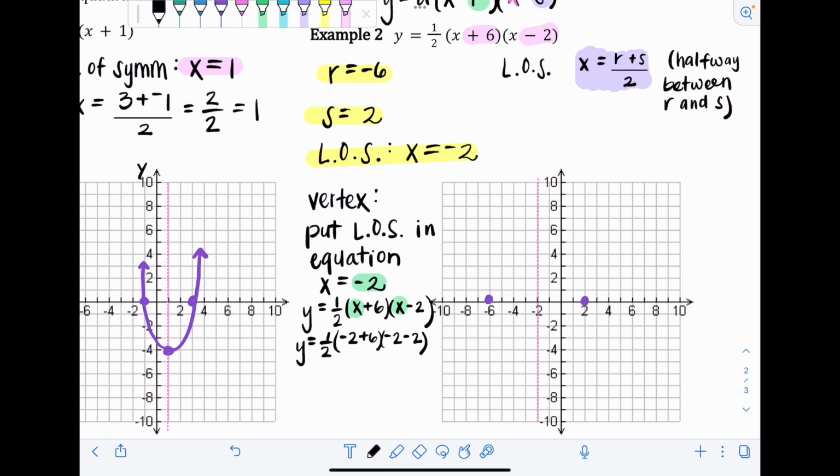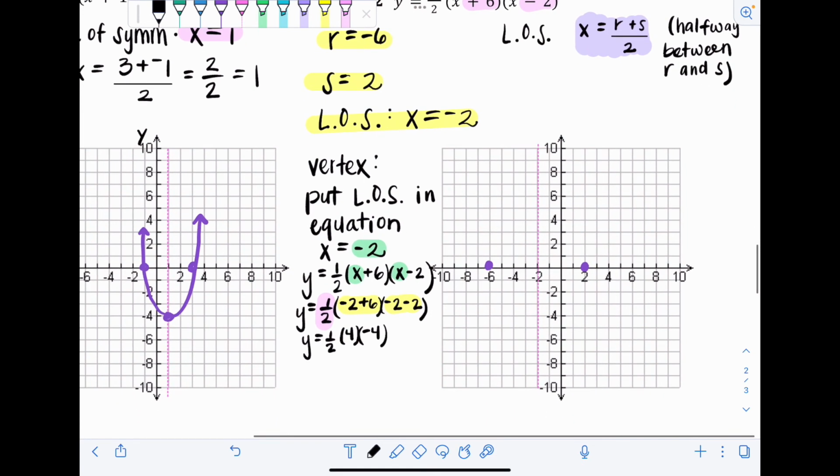And now we simplify each parentheses first. I want you to wait to the end to multiply by the 1/2. So it'll be y equals, I'm going to leave the 1/2 in front, and then simplify both parentheses. So -2 plus 6 is 4, and then -2 minus 2 is -4.